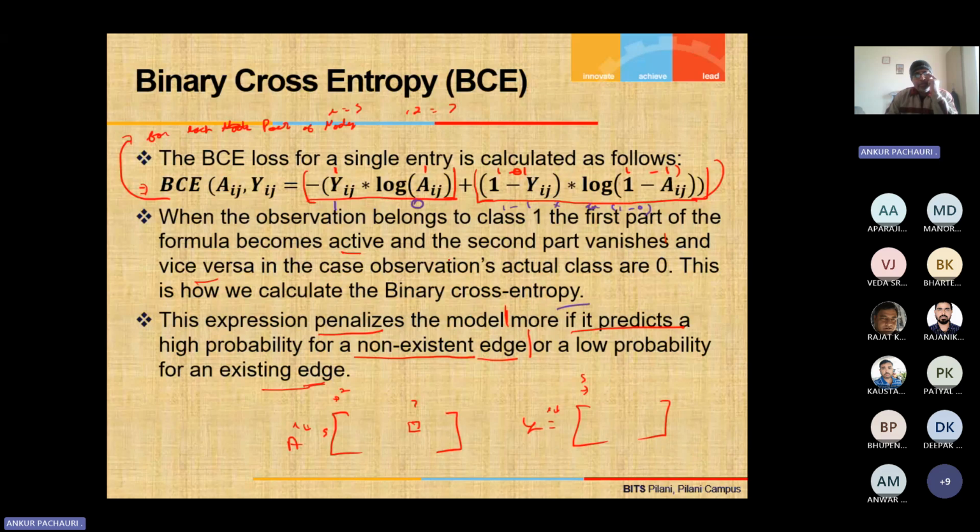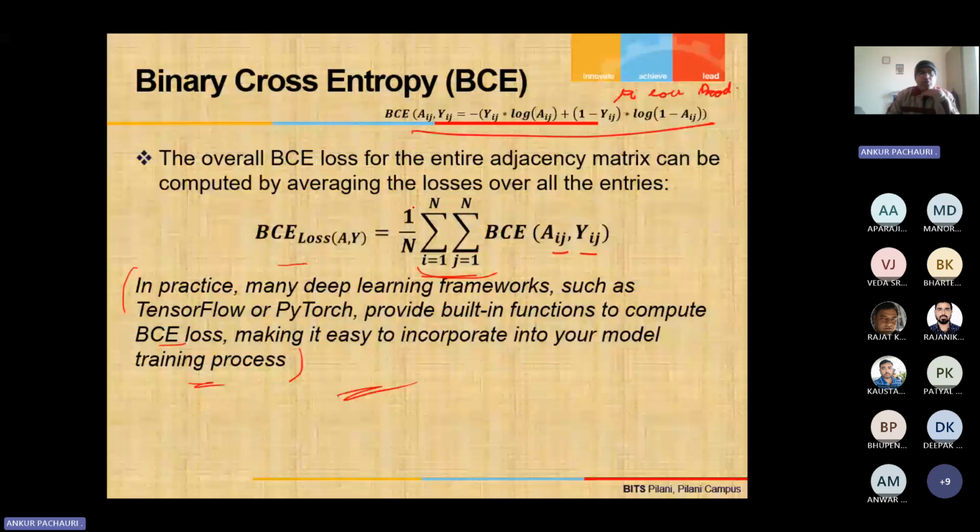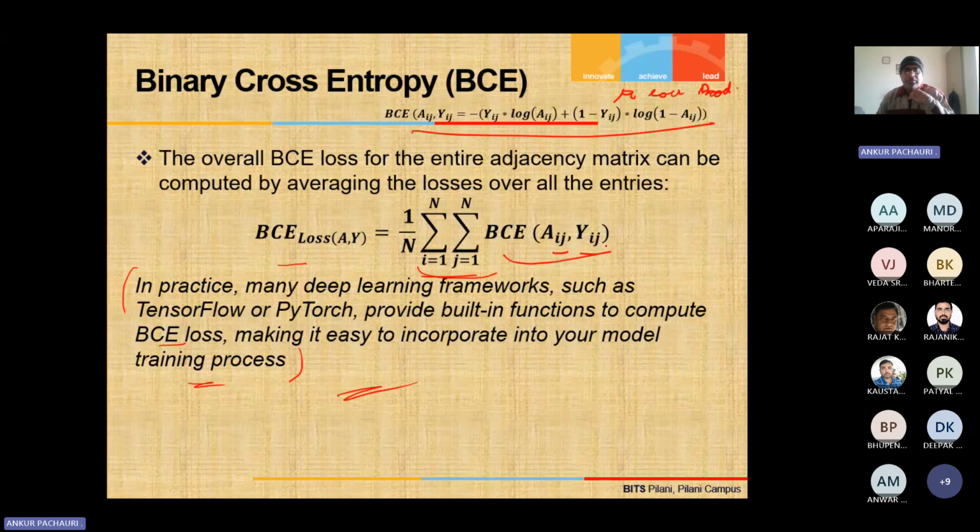It will be yes or no, and based on those zeros and ones, it will be calculated. If we have to do it for the whole graph, then it will be a summation of all those i's and j's from 1 to n. So we'll have to do it for all the pairs, for each and every position, and at the end, we'll have to normalize it by 1 by n.